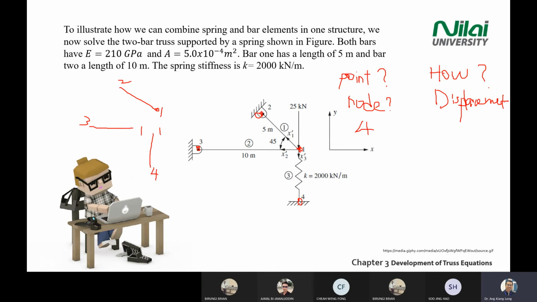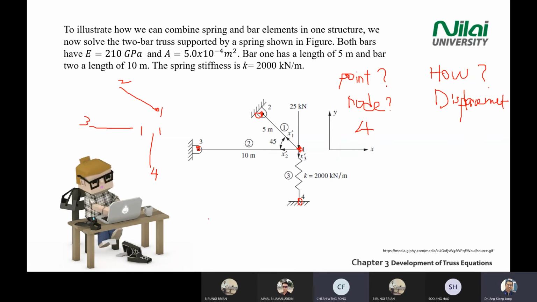Then the next question I'm going to ask: how many displacements do you have in this system? Chia Wing Fong, do you want to try to answer how many total displacements you have in this system? I think 3.